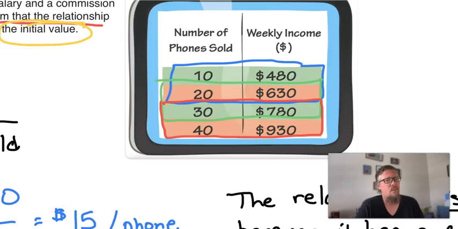That's way less than $480. So what that tells me is I must be getting paid a certain amount of money even if I don't sell any phones at all. Even if I have a bad week and I don't sell anything, they're paying me something. And that something that they're paying me, that is the initial value.